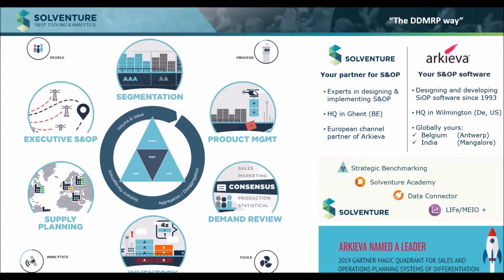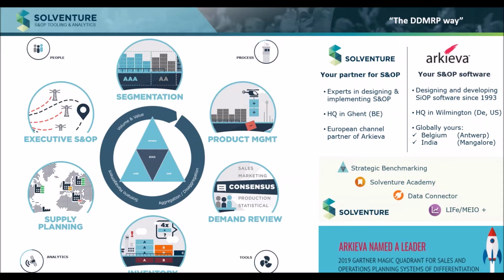In this vision, the S&OP process consists of 6 building blocks, which are customer product segmentation, product management, demand review, inventory planning, supply planning, and executive S&OP. So how do we optimize this S&OP process? To do so, we look at 4 pillars: the people, the process, the tools, and the analytics.